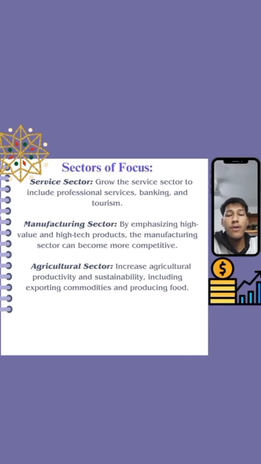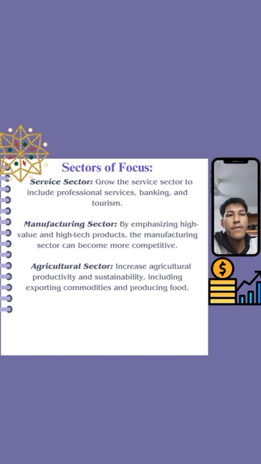Now I'm going to talk about the sectors of focus in our presentation topic, which is economic growth. Basically, the sectors of focus are divided into three: the service sector, the manufacturing sector, and the agriculture sector. Firstly, the service sector: grow the service sector to include professional services, banking, and tourism.